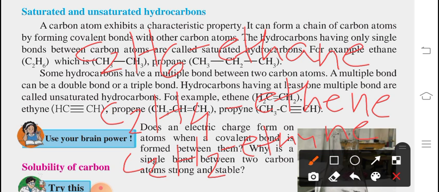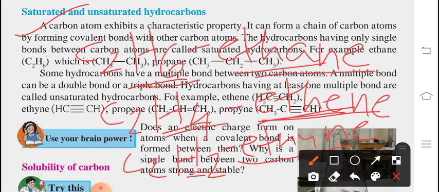So as the number of hydrogen decreases, their name also changes: ethane to ethene, then ethyne. This is not a part of this topic, but to understand this topic we should know about this. If the number of hydrogen decreases, then the name also changes, ethane to ethene, ethene to ethyne. Please keep this in your mind.